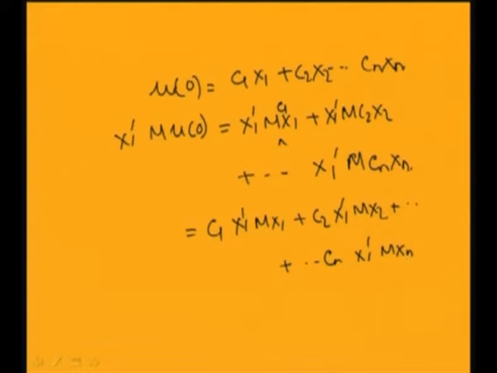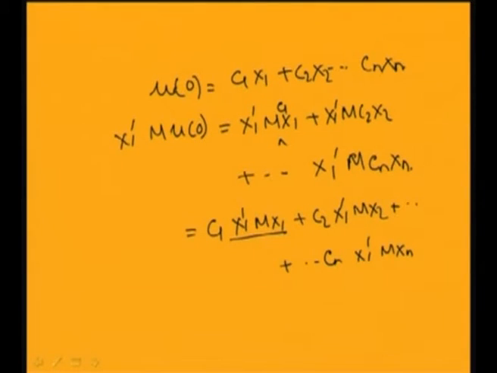From the orthogonality property we know that x1 transpose m x1 is the generalized mass M1, and the other terms, when i is not equal to j, that is x1 transpose m x2 up to x1 transpose m xn, are all 0. So this reduces to x1 transpose m u0 equal to C1 x1 transpose m x1.